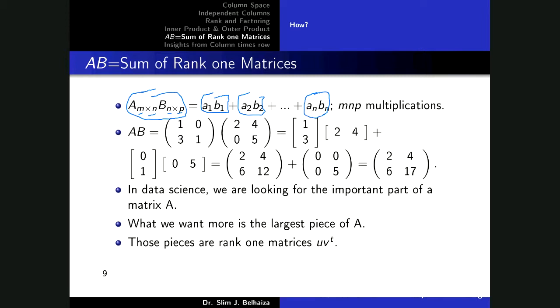Question. How many multiplications do we have to perform if I'm doing A times B, or A dot B? Well, if you are performing this multiplication, I'm writing it here. It's MNP multiplications. For those who are not familiar with complexity, even the guys in system engineering, I see they sometimes have to deal with complexity in algorithms. So why are we doing MNP multiplications?